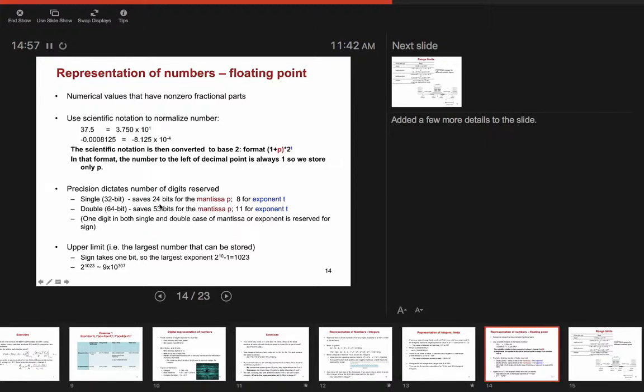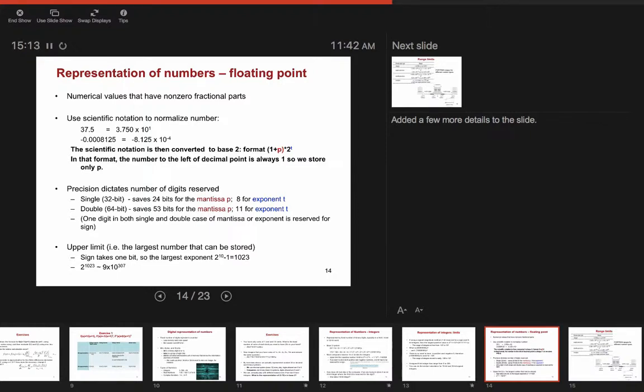Okay? Then I'm going to take 53 bits to store this p and the rest for the exponent t. And that also has a sign built in. So 1 bit is for sign in each of these.